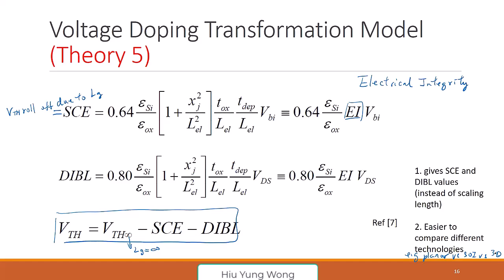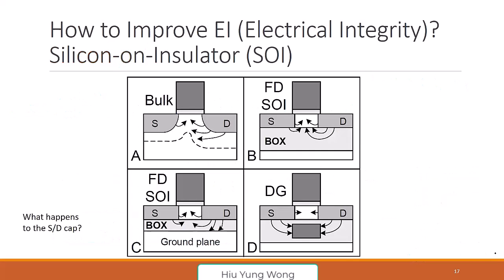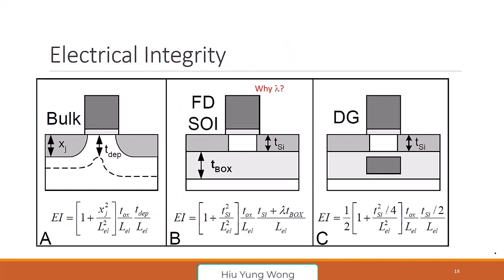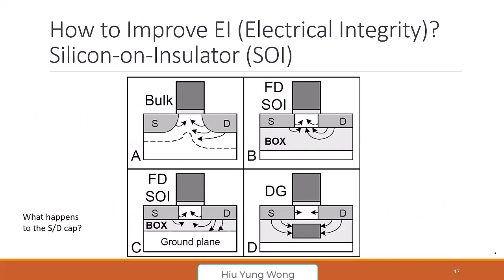Okay, now let's take a look at this one. Maybe let's do this. How do we improve the electrical integrity? What we try to do is this. This is the so-called bulk FinFET, bulk transistor. You have source here, you have the drain here. So let's write down the electrical integrity from the last slide.